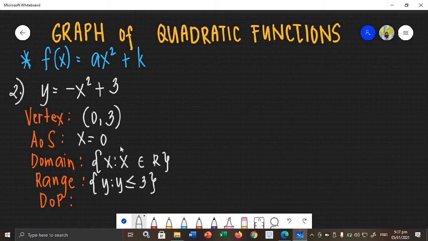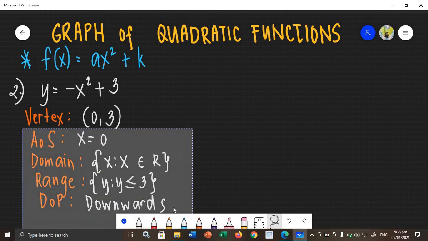The direction of the parabola is also according to the sign of the coefficient in the quadratic term. So negative, therefore it will open downwards. So yan, yung mga value sa characteristics nitong quadratic function na given. So now, pakisulat na lang to sa baba ng graph.